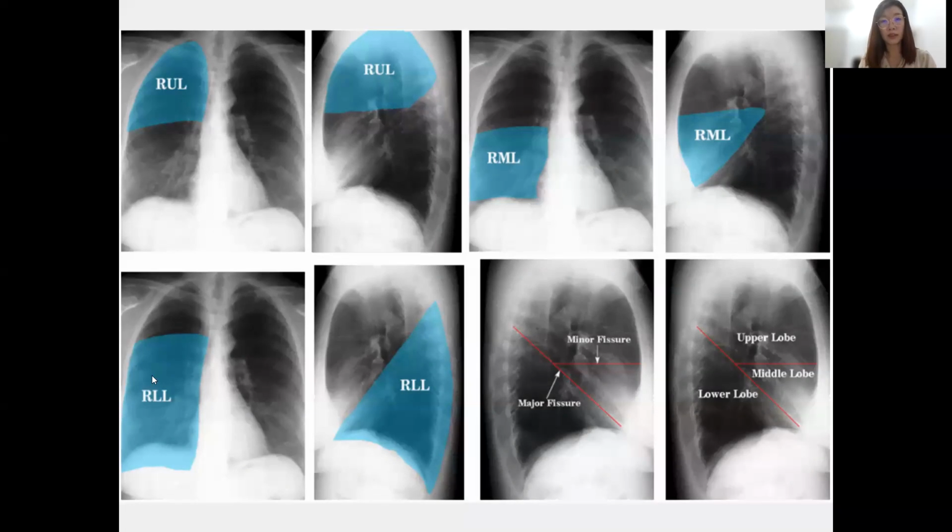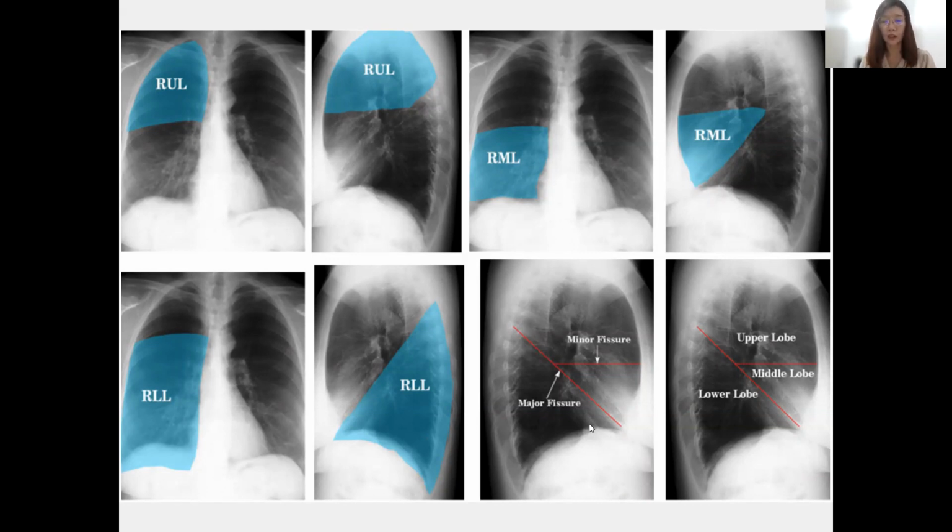The right lower lobe will be overlapping with the upper lobe on AP view, as you can see in these 2 diagrams. And then the right middle lobe is overlapping with the right lower lobe on frontal view X-ray. So if you want to further determine which lobe the lesion is arising from, you can do an additional lateral view. Then you can identify the location of the lesion.